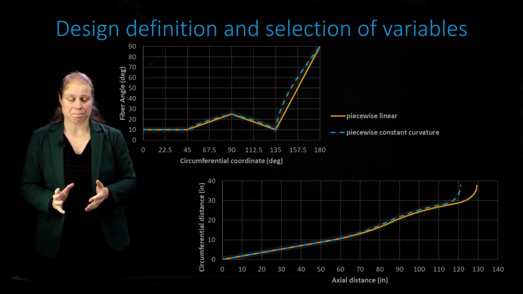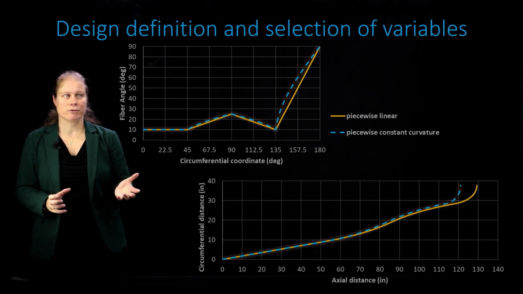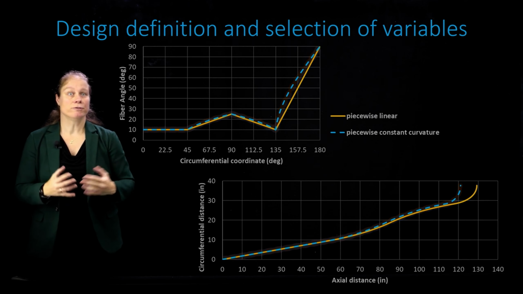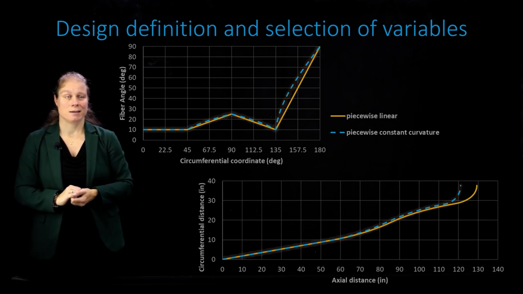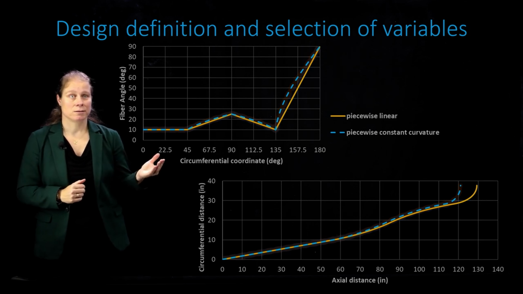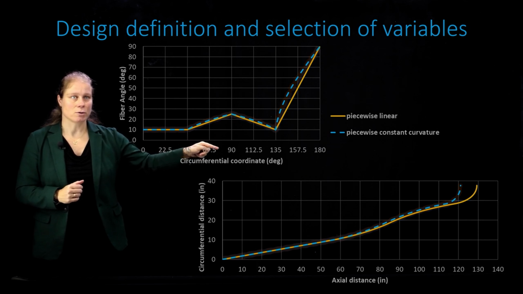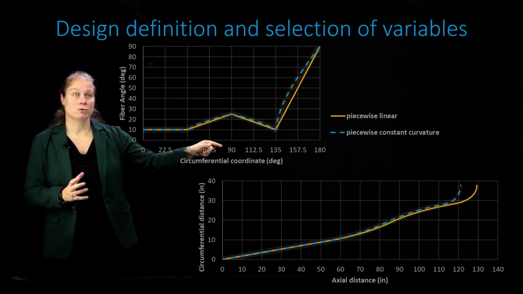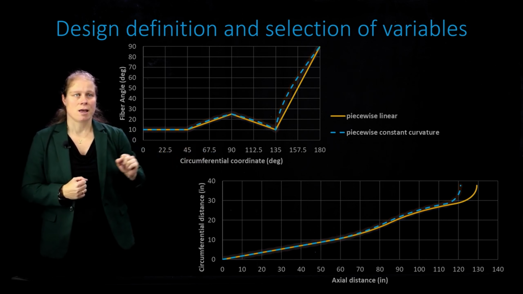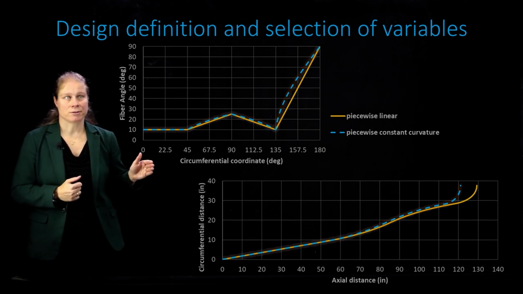Now, the one reason why I might want to pick the piecewise constant curvature, remember the circular arcs that are connected, is that the curvature of this path is constant for each section. So for the piecewise linear one, it actually varies as a function of this circumferential coordinate at every single location. And so if I want to look at this curvature, or the radius of curvature, I would have to compute it at every spot between 0 and 180 degrees.